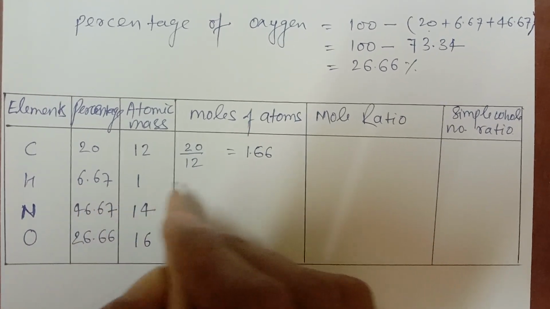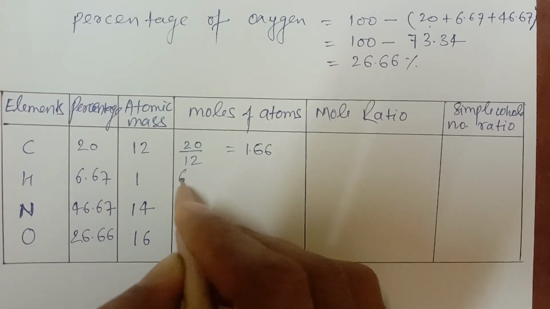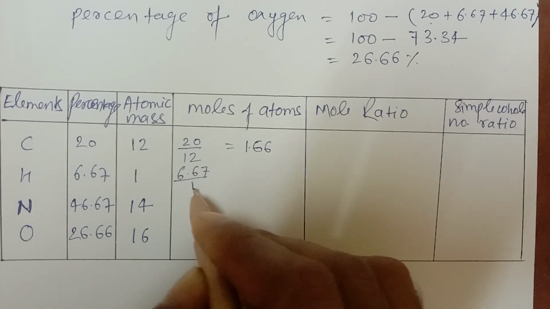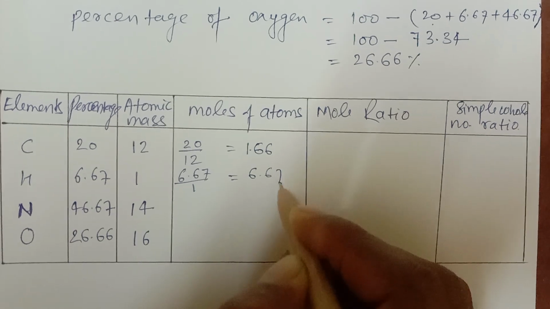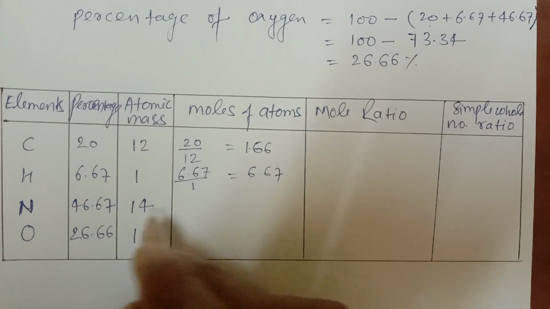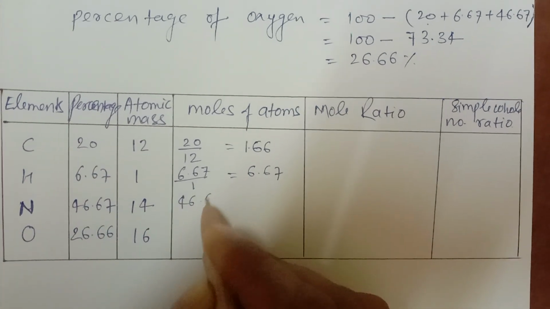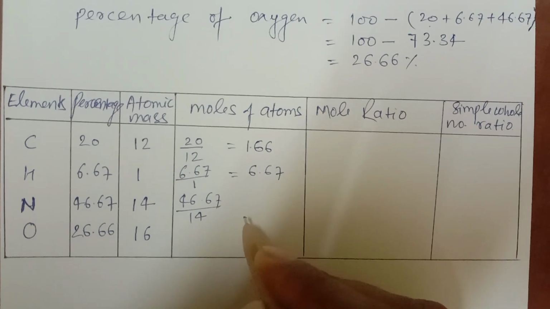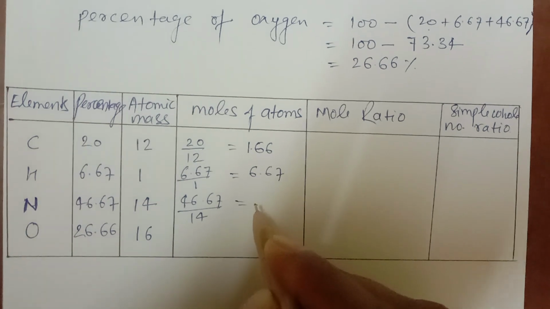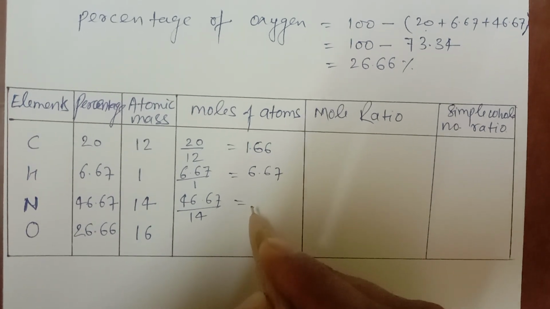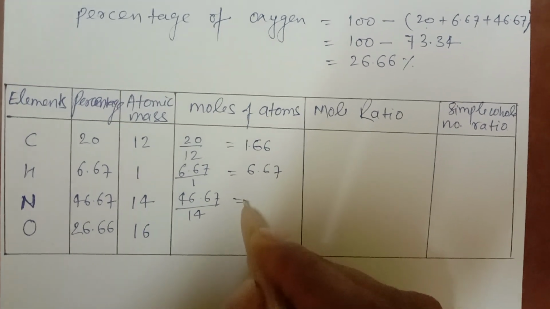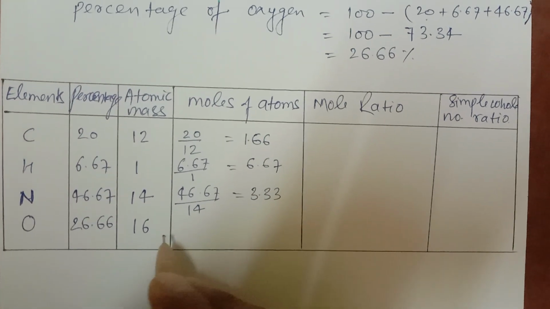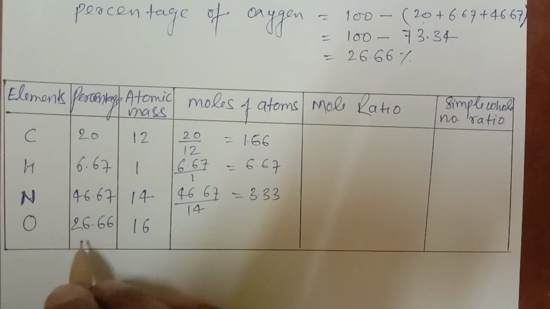Moles of hydrogen is 6.67 divided by 1, equal to 6.67. Moles of nitrogen is 46.67 divided by 14, which gives 3.33.